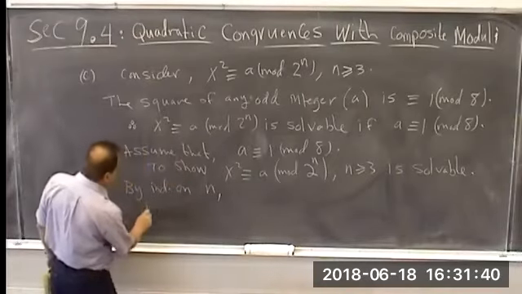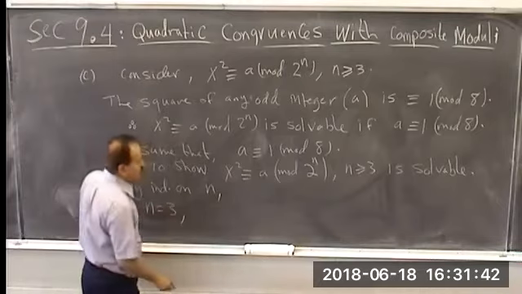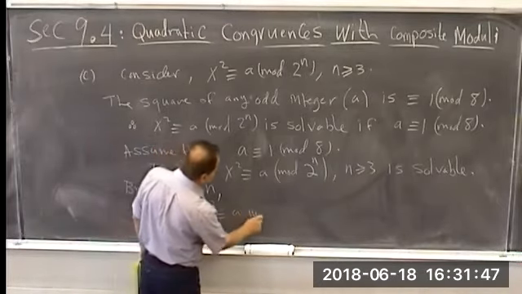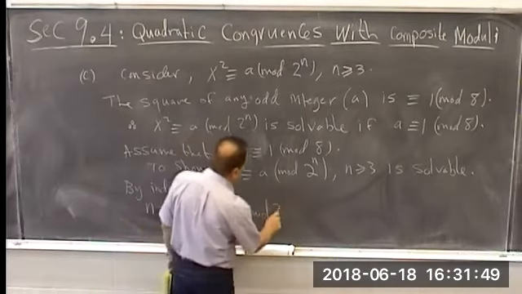So for n equal to 3, the initial value, we have x squared congruent to a mod 2 to the third.